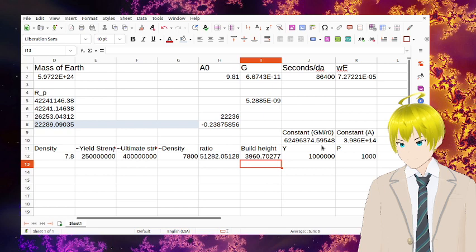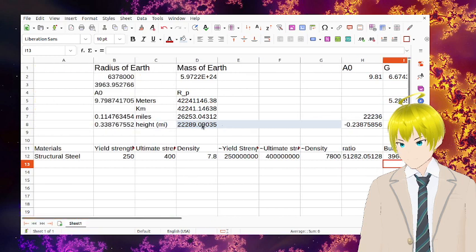I guess our dimensional analysis works out. So this should, in theory, generate a height in meters, which we divide by 1609, because there's 1609 meters in a mile. Am I right about that? Am I off by like 1? I'm completely right. This is build height in miles, so I guess it doesn't get all the way to geostationary orbit.